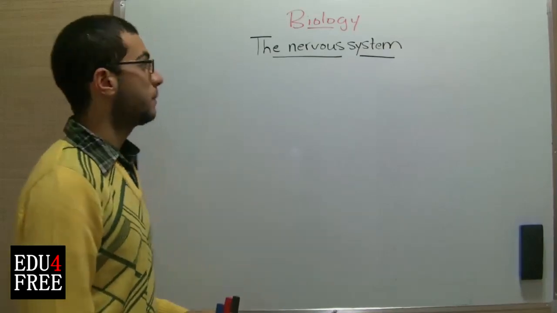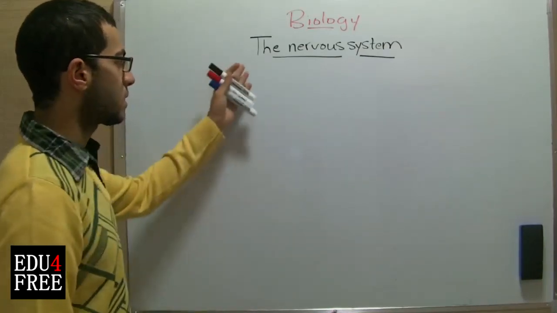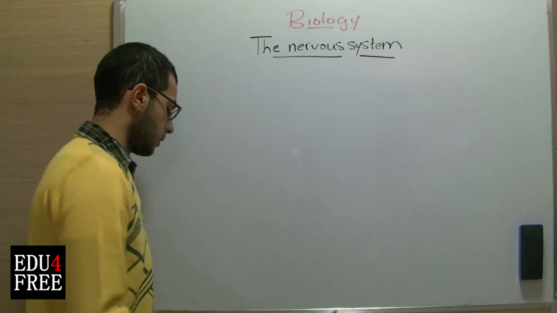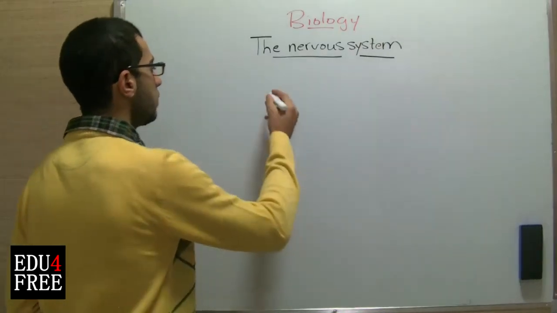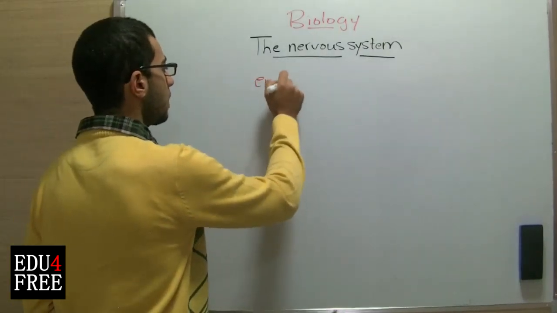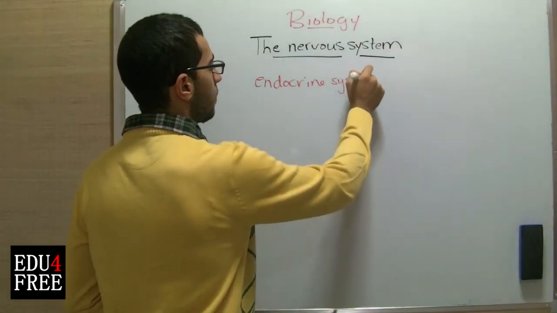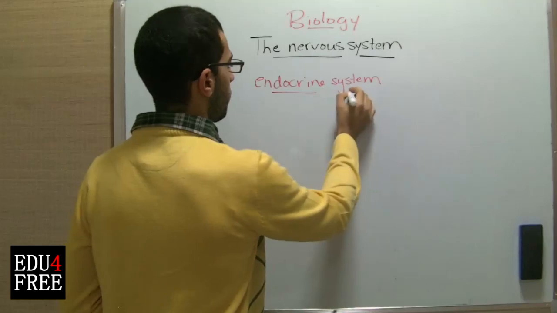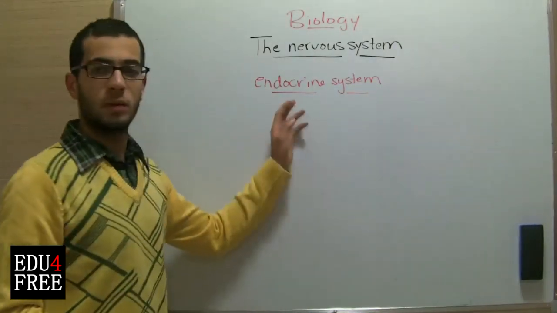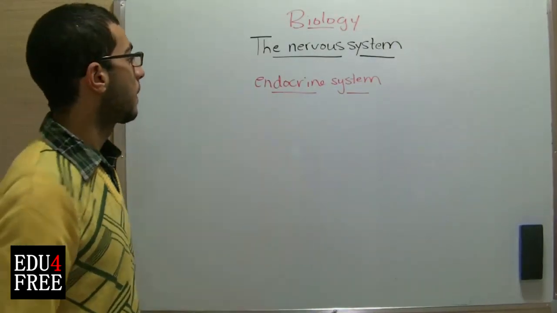But before heading on, we shall know that the nervous system coordinates with another system called the endocrine system, which is responsible for the hormonal production inside the body.